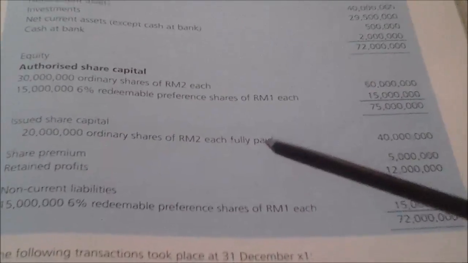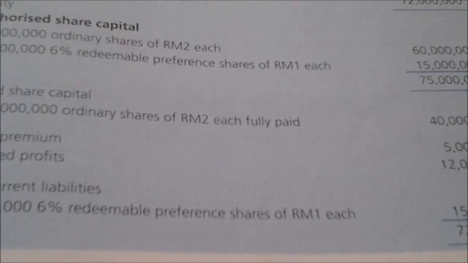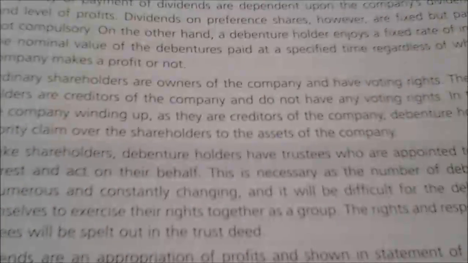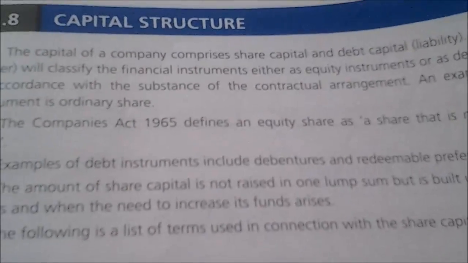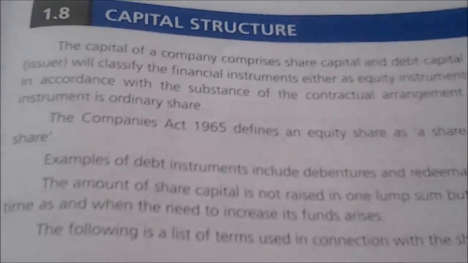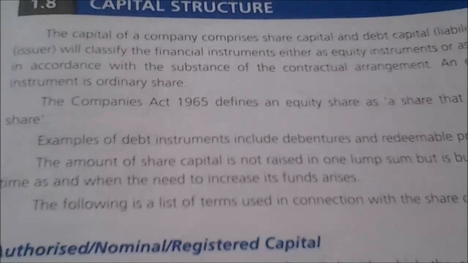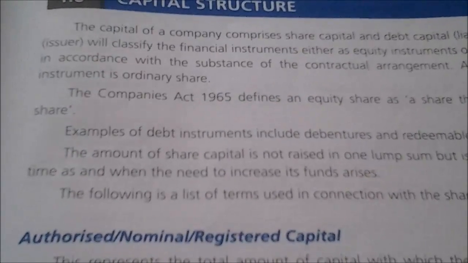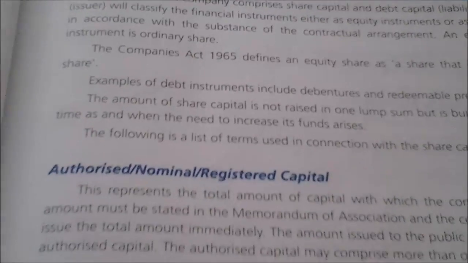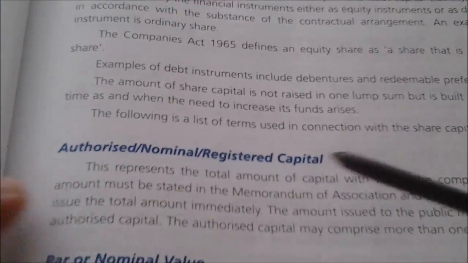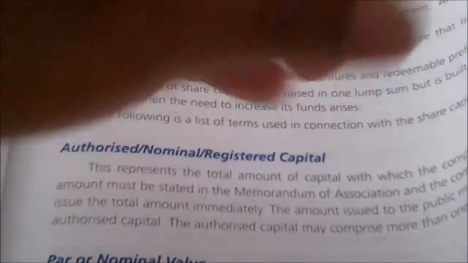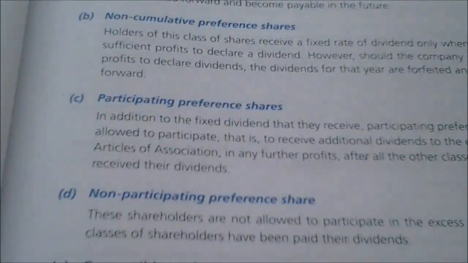So let me go back to the capital structure. I will just touch on the important part because some of it is quite repetitive and it becomes a bit difficult and you get confused. The most important are the authorized, the par value as you know just now, and then issued capital.